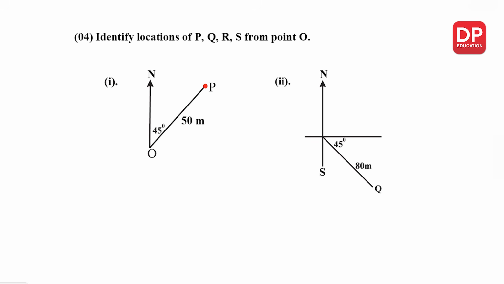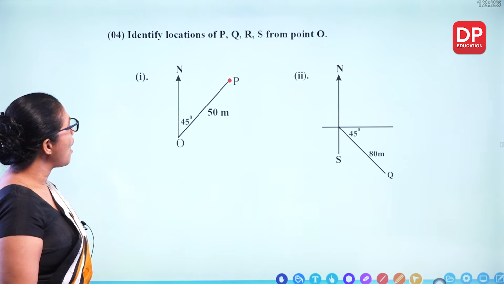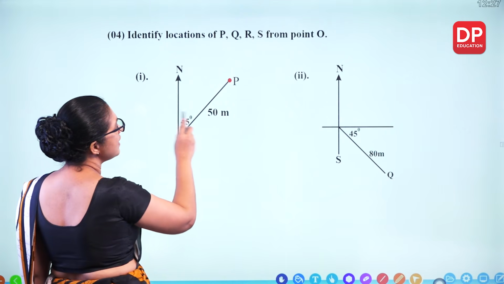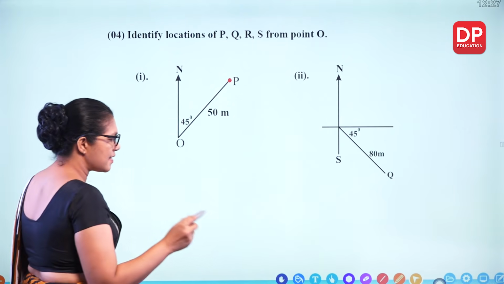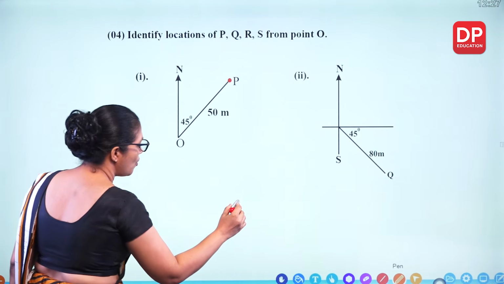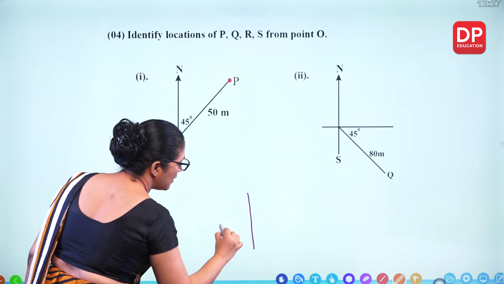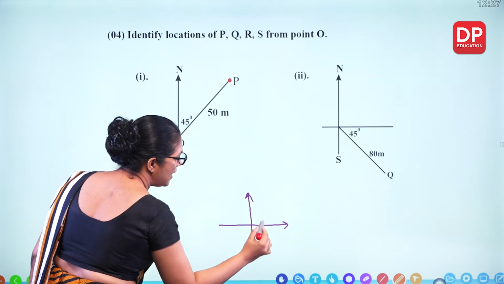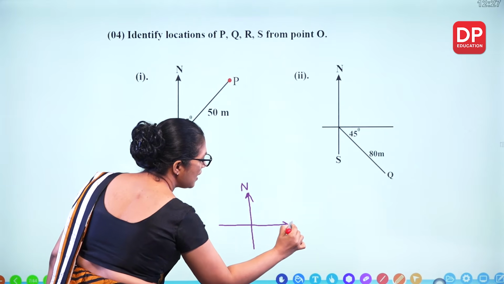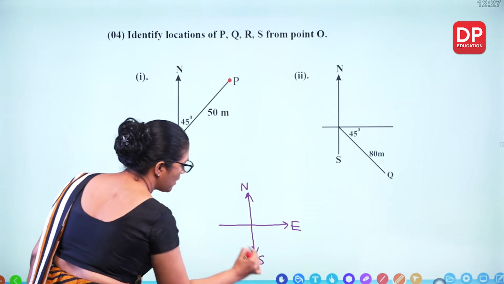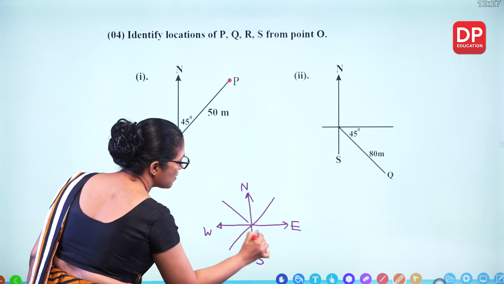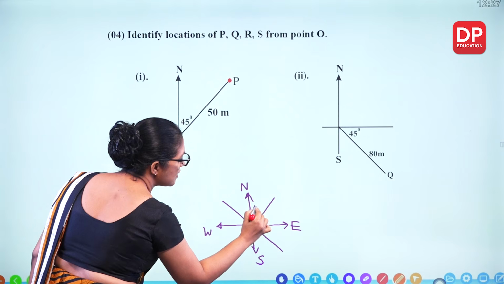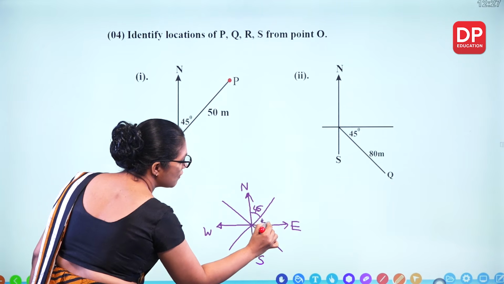Identify locations of P, Q, R, S from point O. Look at the diagram carefully. A 45-degree angle is given. So what does a 45-degree angle mean? That's a sub-direction. So when you take the main directions north, east, south, west, the sub-directions are always situated here with a 45-degree angle.